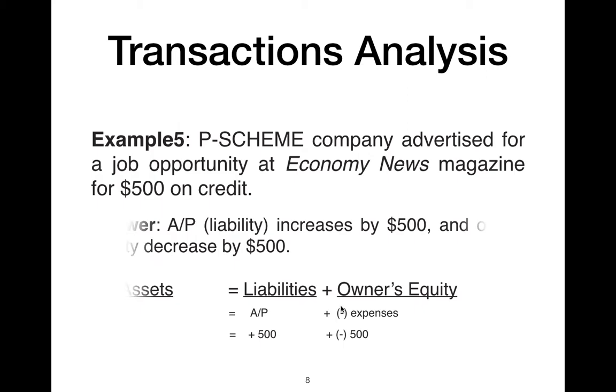So, we have an increase in the account payable by 500 US dollars. This transaction means that the company has incurred expenses of 500 US dollars. Accordingly, the owner's equity account will decrease by the same amount due to the advertising expense.